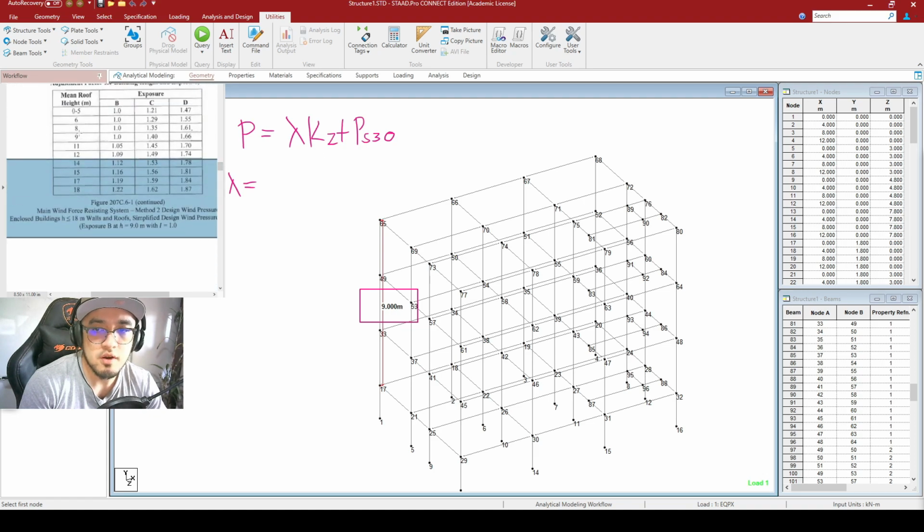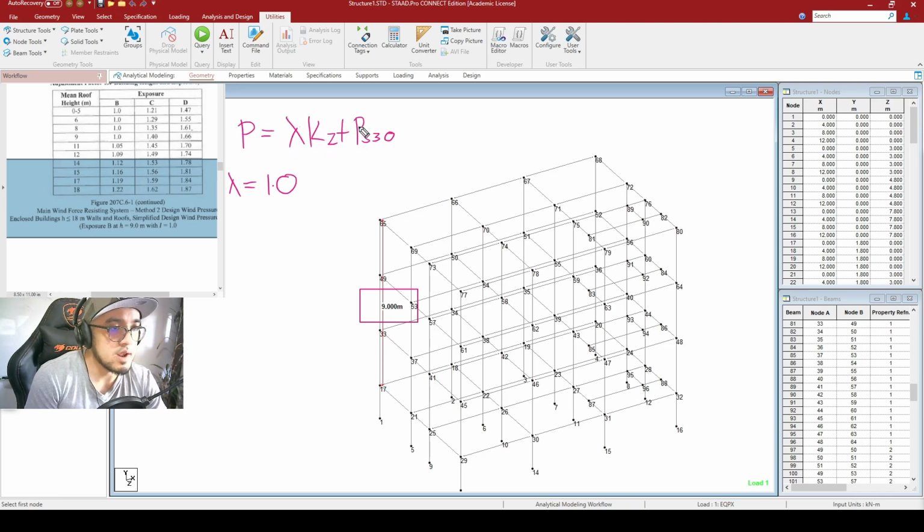And it is located at an area with exposure B. So meaning we would be making use of 1.0. So from that, guys, our lambda is to be equal to 1.0. So we already have the value for our lambda.